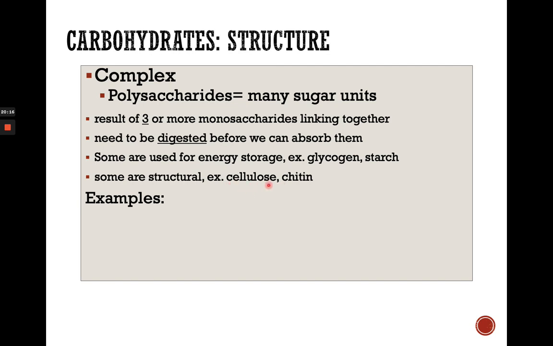So cellulose is in paper or wood. It gives the wood its hard structure. Chitin is the exoskeletons, they call it, of insects. So you know how insects have crunchy body parts, right? That's the chitin in there that is structural, and it helps protect those insects and their organs.